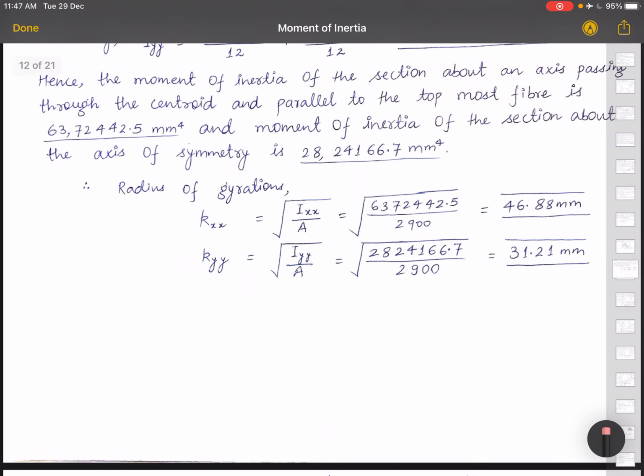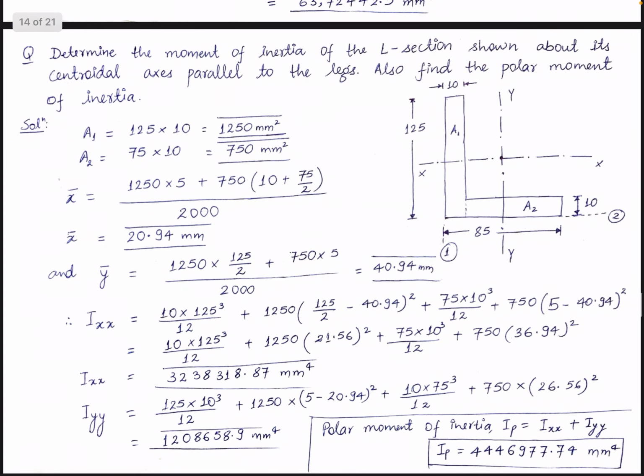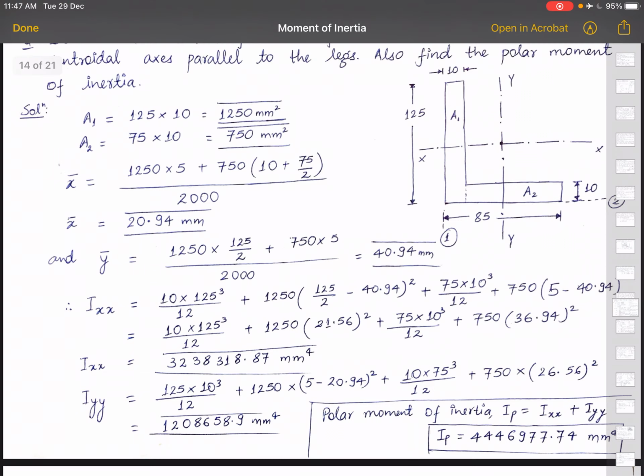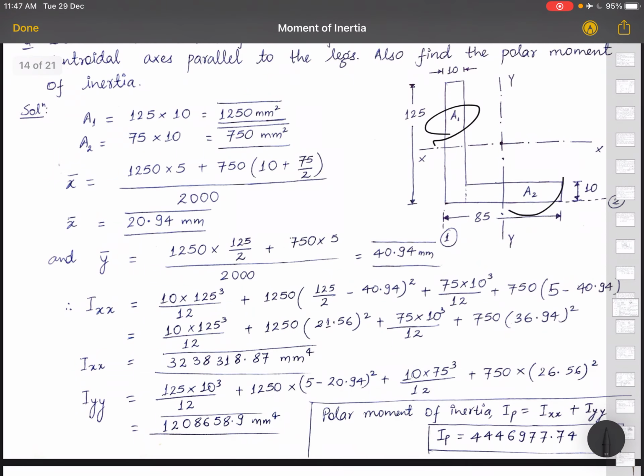So this was also a very simple problem. Now let us see: determine the moment of inertia of the L section shown about its centroidal axis parallel to the legs, and also find the polar moment of inertia. Simply divide this area into two portions, A1 and A2. All the values are given.